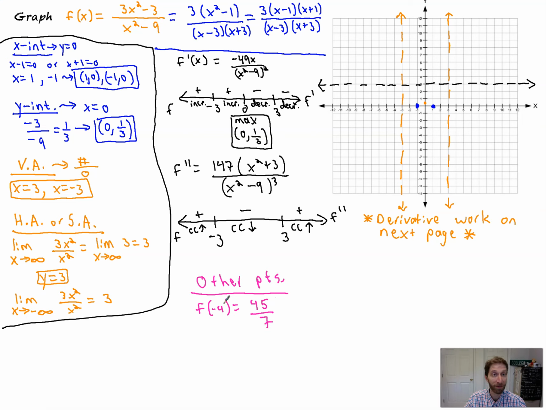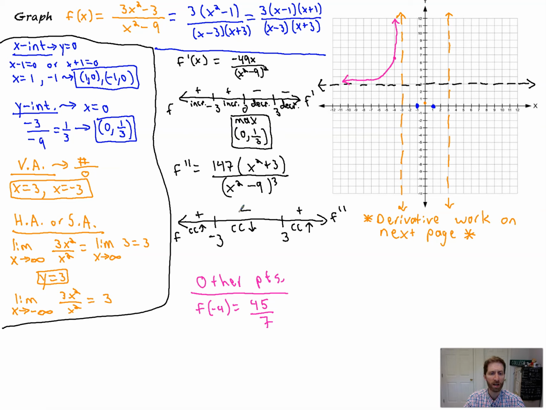Not a nice number, but whatever. So that's -4, 45/7. So -4 at 45/7 is just shy of 7. So that's going to be somewhere around here-ish. But that gives us all we need because we're increasing and concave up. So there's your horizontal asymptote, increasing and concave up the whole time.